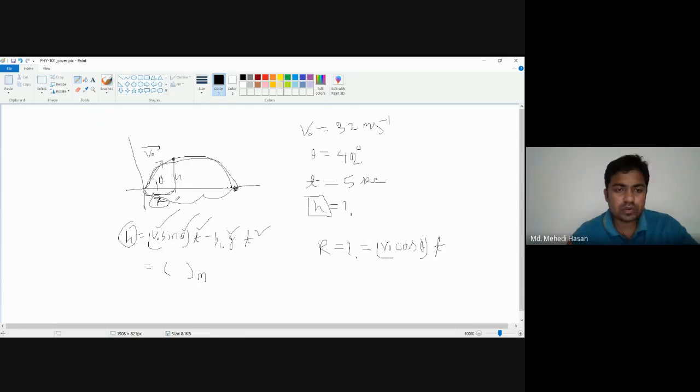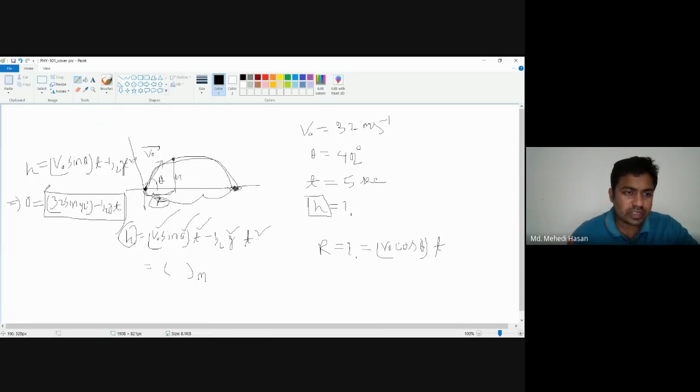In that case the height is 0, because the initial point and the final point in the vertical plane are the same. So use the formula h equal to v naught sin theta into t minus half g t square with h equal to 0. Put in the values, say 32 sin 42 degree minus half g t, because we take t common. Since t cannot be 0, the remaining part must be 0.